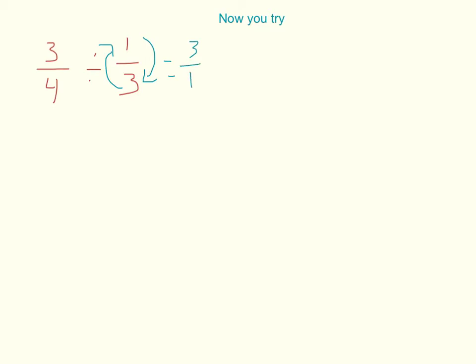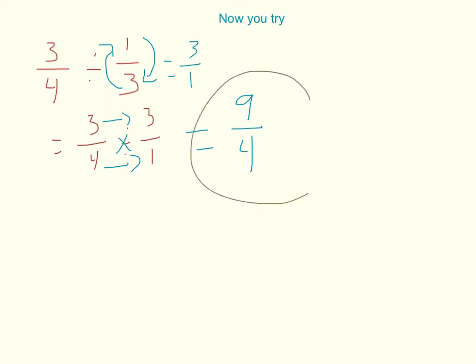So our new question is now 3 over 4 divided by 3 over 1. Step 2 says to then multiply straight across. So this becomes multiplying, and we multiply straight across, which gives us an answer of 9 over 4. Our last step says to convert to lowest terms. Well, 9 over 4 is already in lowest terms because we can't divide it any lower than that, so our answer is 9 over 4.